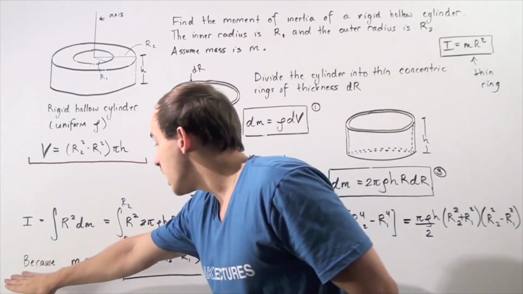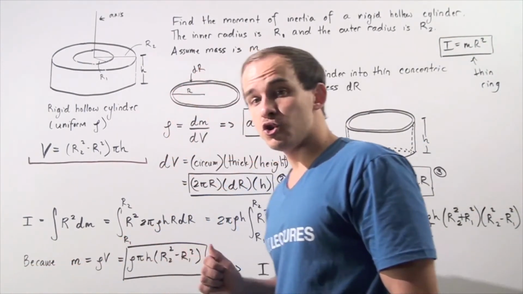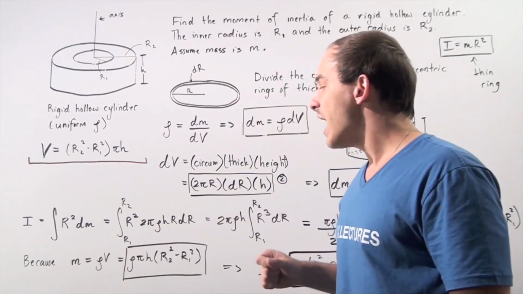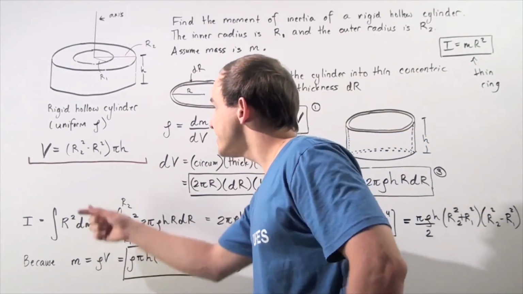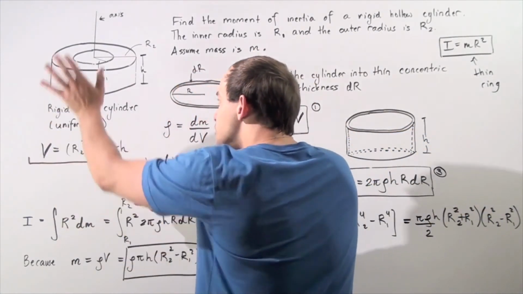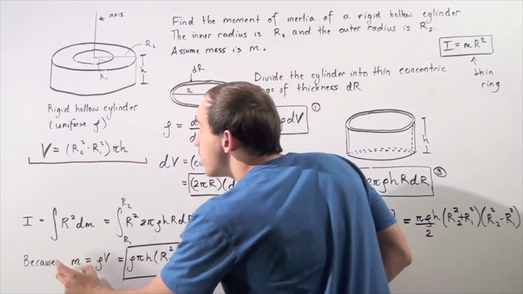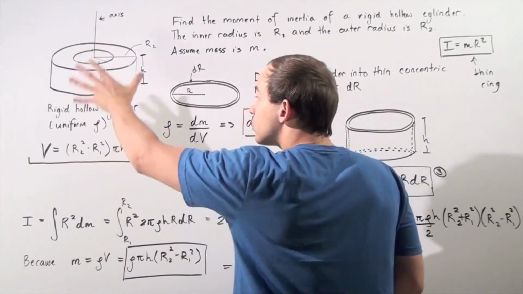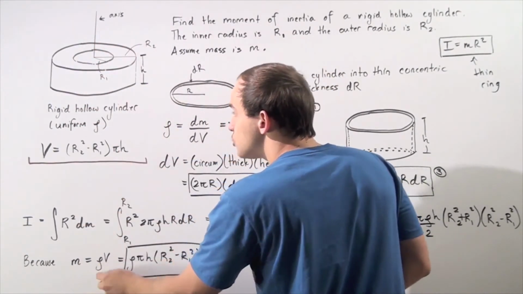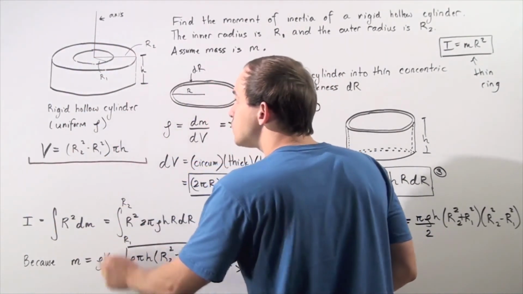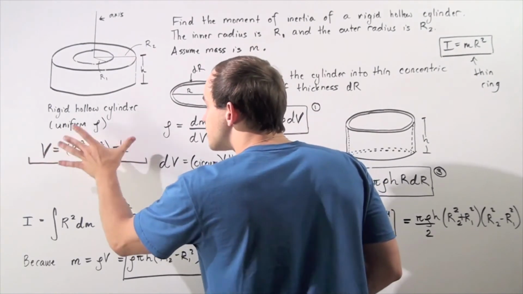Now, because mass is equal to our density times volume, we can take the volume that we spoke of earlier and plug it in here. So the mass of our hollow cylinder is equal to its uniform density multiplied by its volume, this quantity.